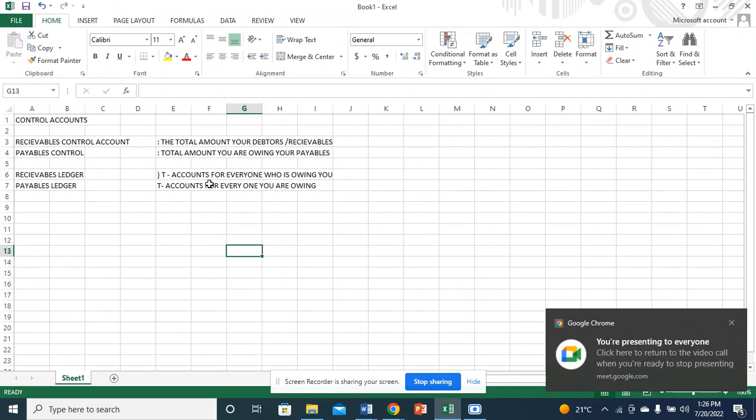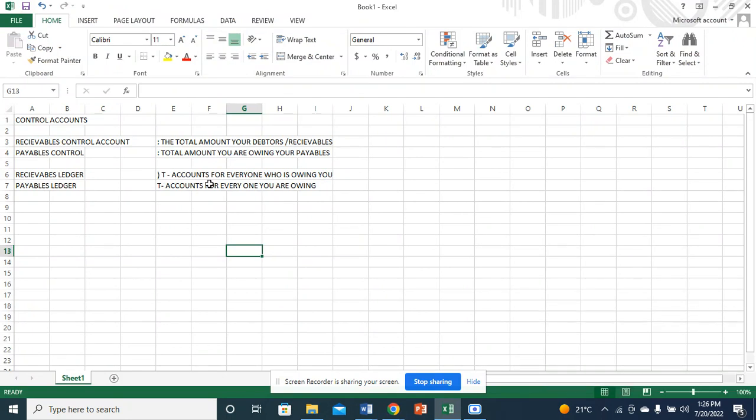So I'm going to illustrate how the control accounts work. I'm going to illustrate everything on how these control accounts work. We'll start with the receivables ledger, the receivables control account.